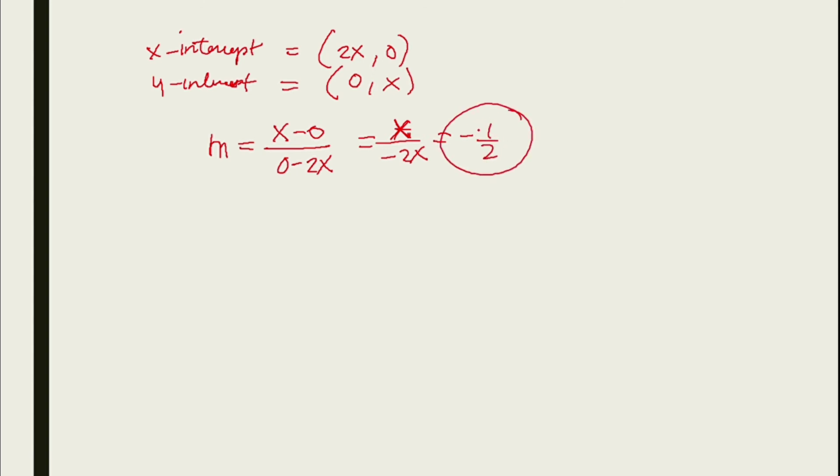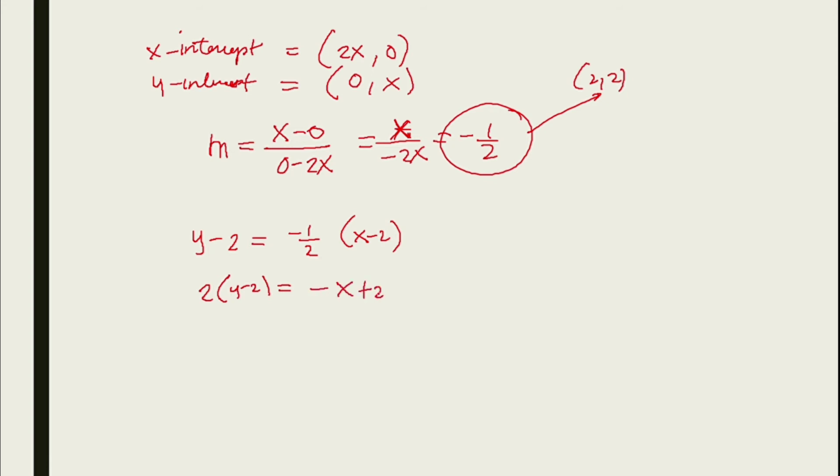So we now have the slope of negative 1 half, and it passes through the point (2, 2). So we have the slope and the point, so we'll make use of y minus 2 is equal to negative 1 half times x minus 2. Cross multiply: 2 times y minus 2 is equal to negative x plus 2.